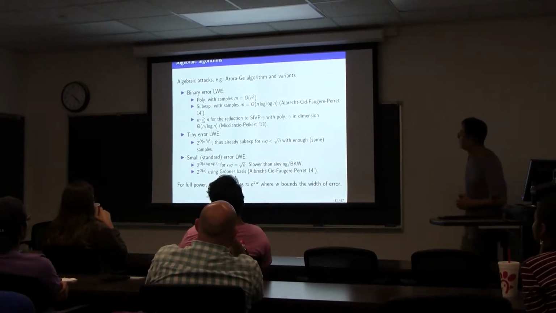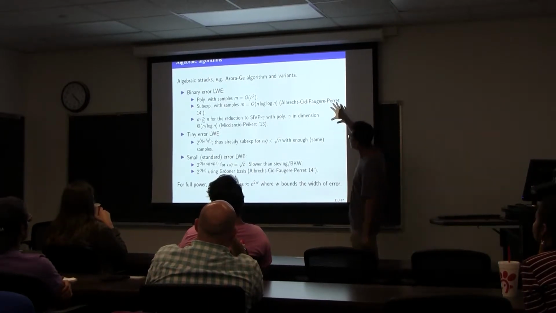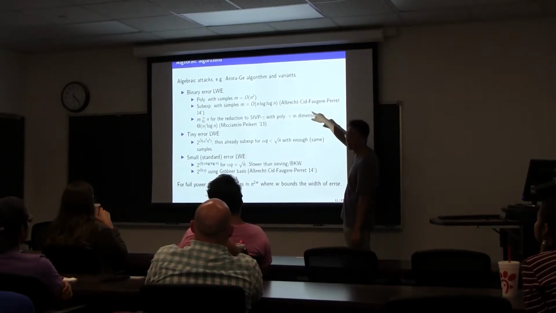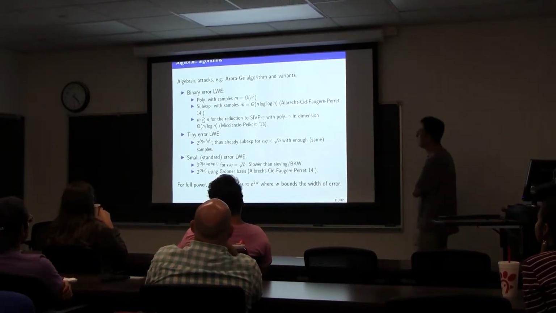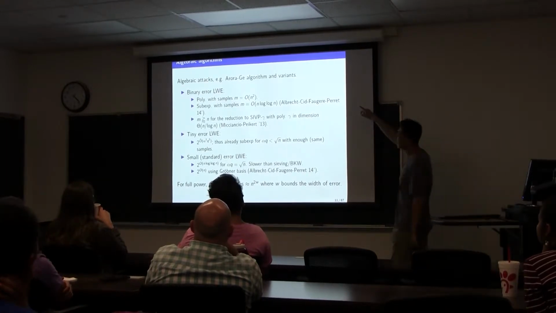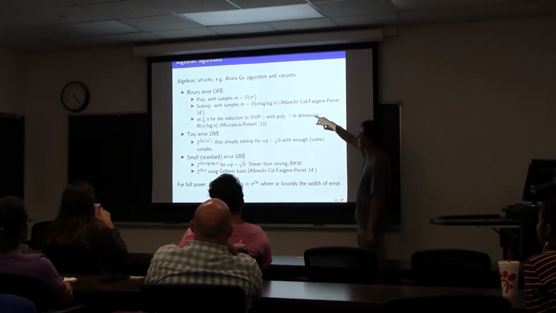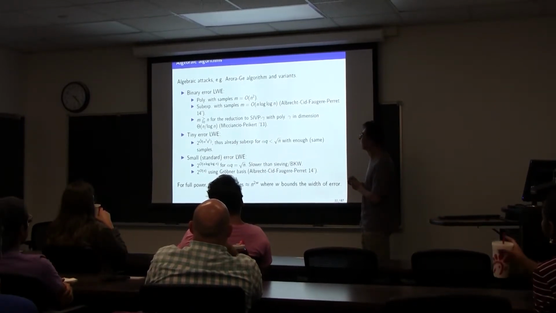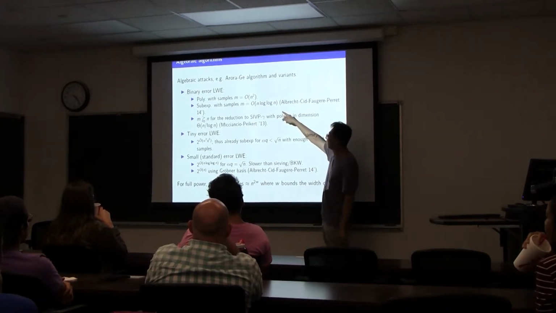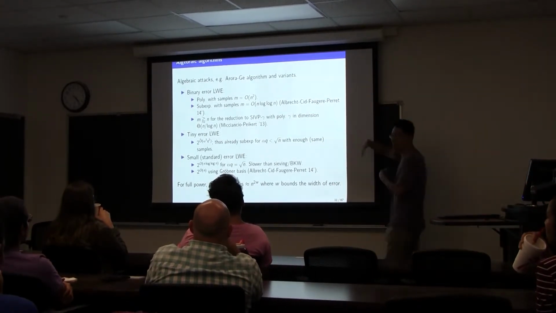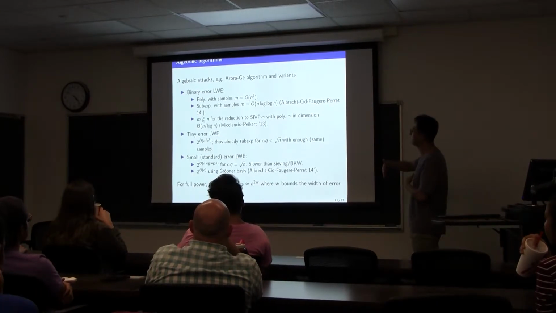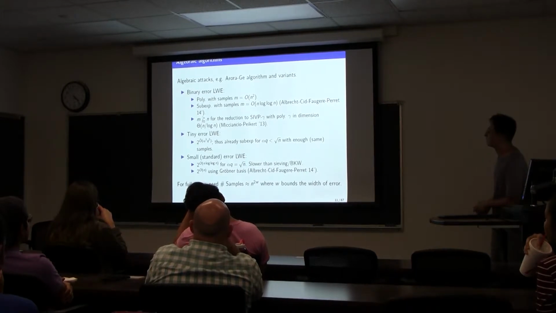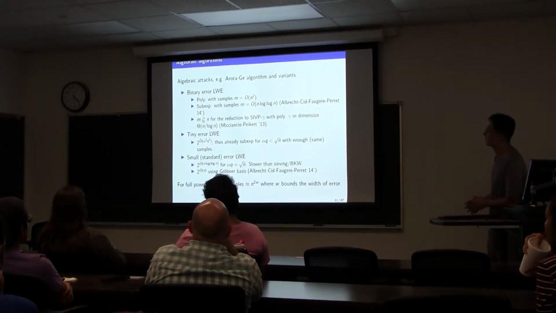For example, for the first variant where I mentioned the error could be very tiny, so it's a binary error learning with errors problem, then with these algebraic attacks, which work most efficiently for the case where you have small error, you immediately get a polynomial time algorithm if the number of samples, which means the number of rows in your matrix, is more than big O of n squared. So this immediately gives us a polynomial time algorithm.